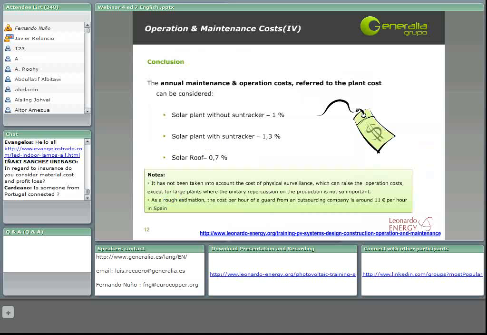As you can read in the box at the bottom of this webinar, this percentage has been calculated not taking into account the cost of physical surveillance, and we have considered a cost per hour of a guard from an outsourcing company of around €1 per hour. That is the cost that we should find in Spain for one of these companies.